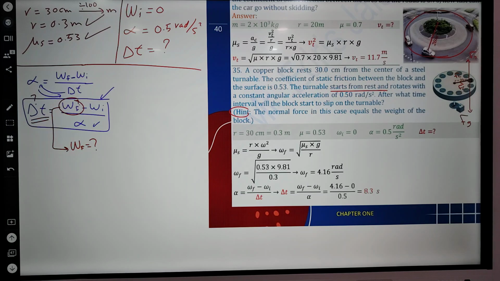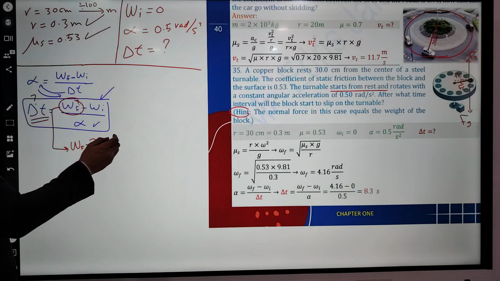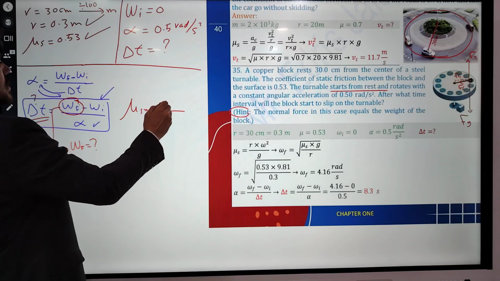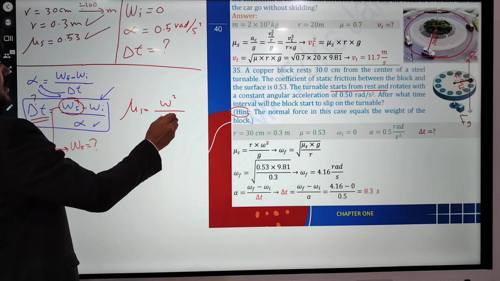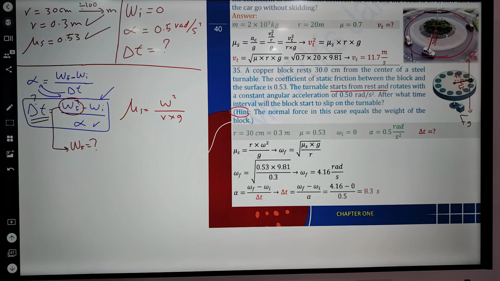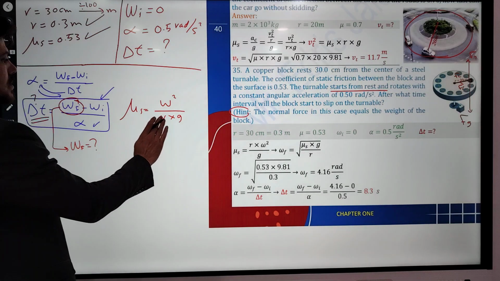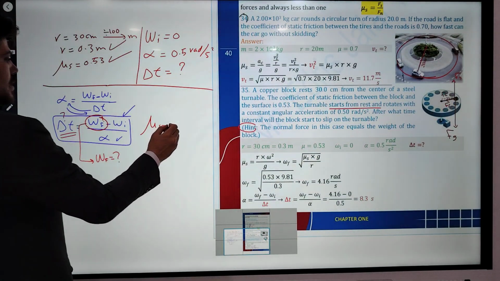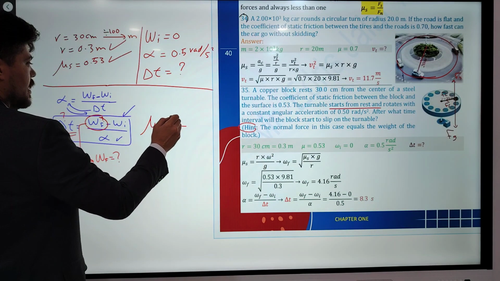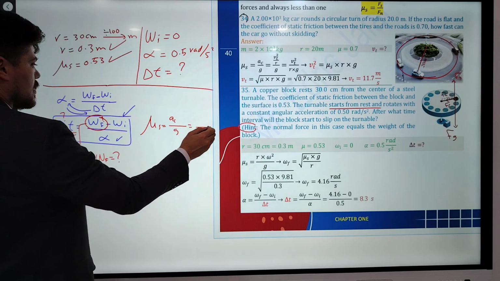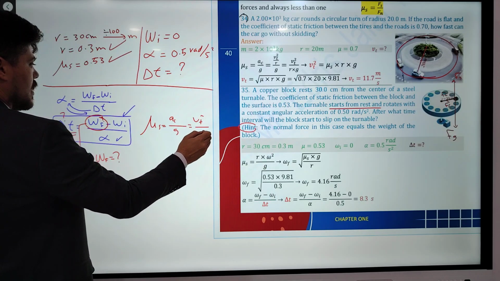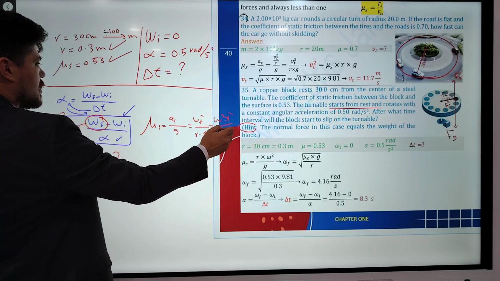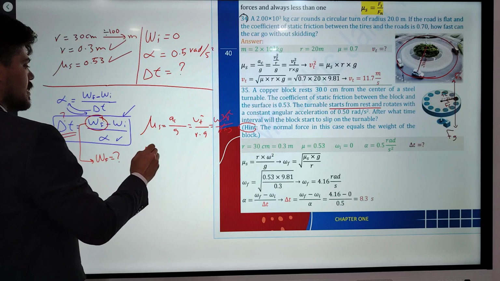By using the equation of the coefficient of static friction. Mu s is equal to what? Omega squared r times g. Okay, sorry, not like that. The equations are ac over g, Vt squared over rg, and omega squared r over g. Here r with r cancel.